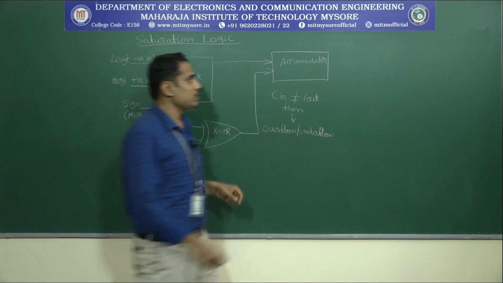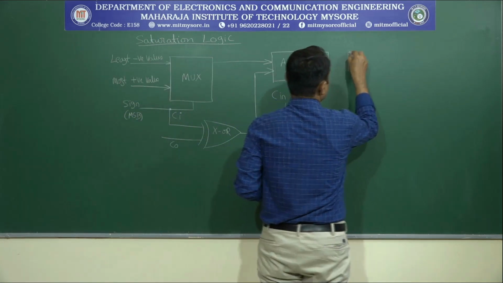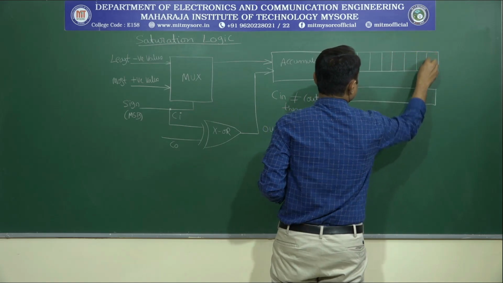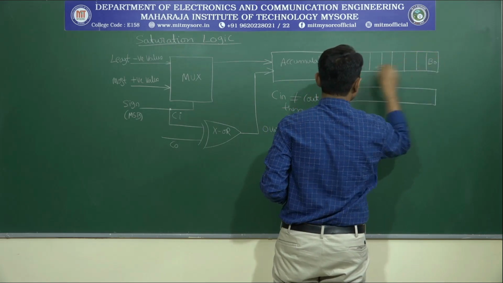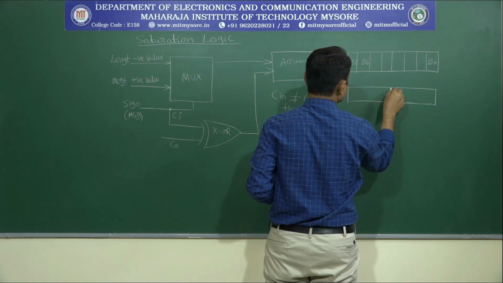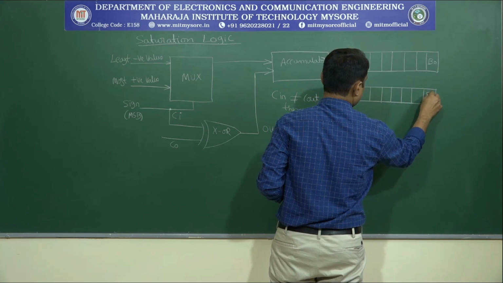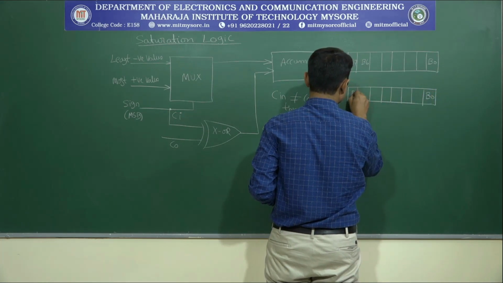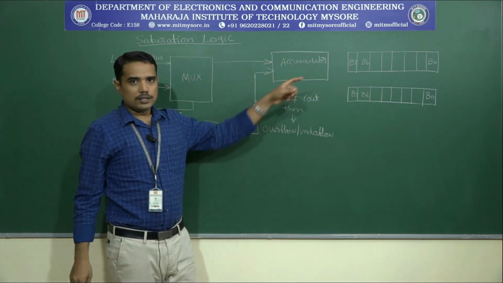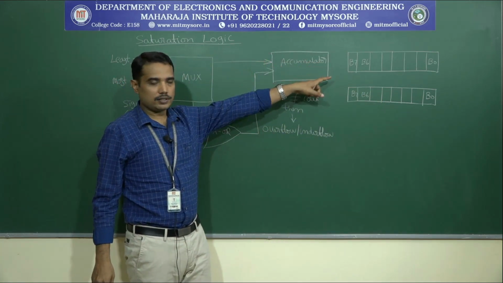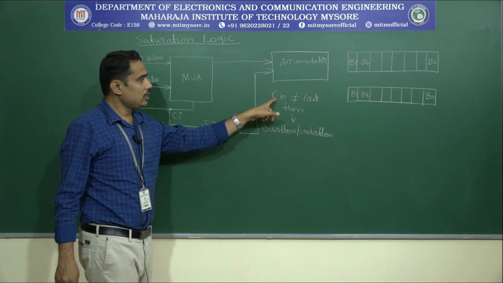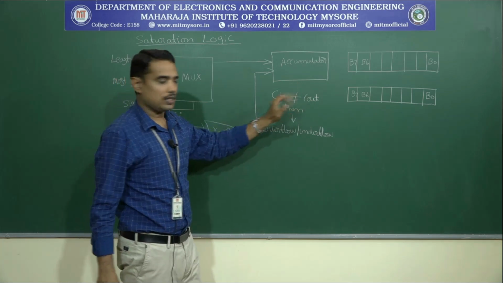Now let us consider bits B0 to B7, this is B6, and here also I can write B0 to B7. Let us consider the first case of meeting this condition, that is C in not equal to C out.